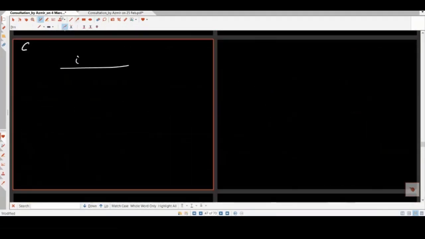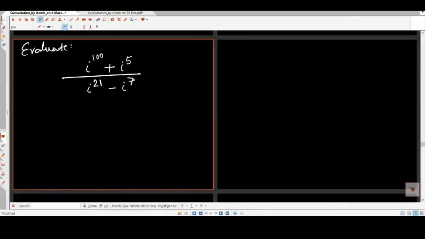Suppose we need to evaluate i to the power 100 plus i power 5 over i power 21 minus i power 7. We are trying to simplify this form.